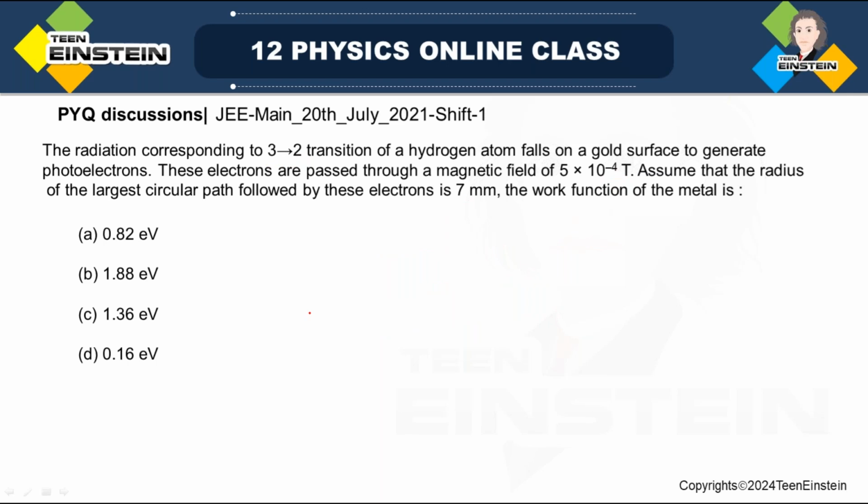So the question is here, what is the work function of the material? See, work function can be found out by two ways. At least one I can write. This is the energy of the incident photon minus the kinetic energy of the electron.